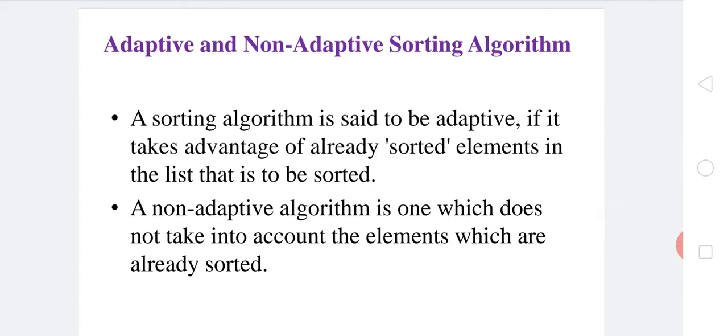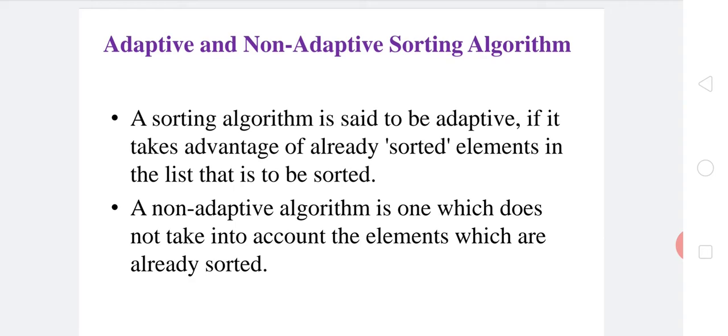The next point is adaptive and non-adaptive sorting algorithms. A sorting algorithm is said to be adaptive if it takes advantage of already sorted elements in the list that is to be sorted.